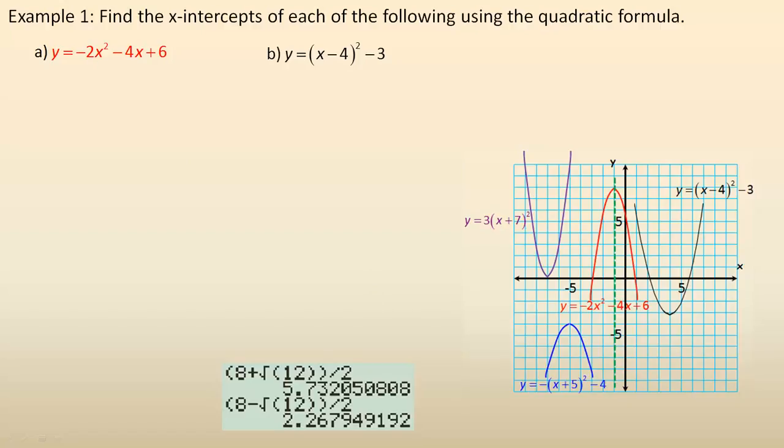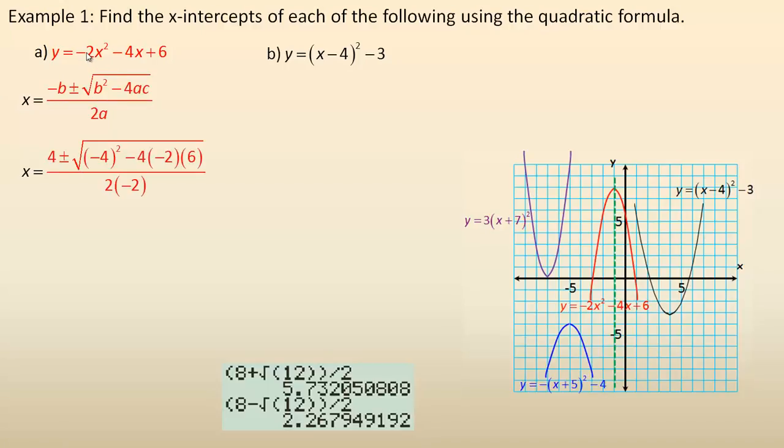So I'm going to use my quadratic formula here. Let's fill in the values. So a would be -2, so -2 here and here in the denominator. B is -4, so -(-4) is 4, and it's -4 we're squaring here. And so maybe I'll bring over my calculator here.